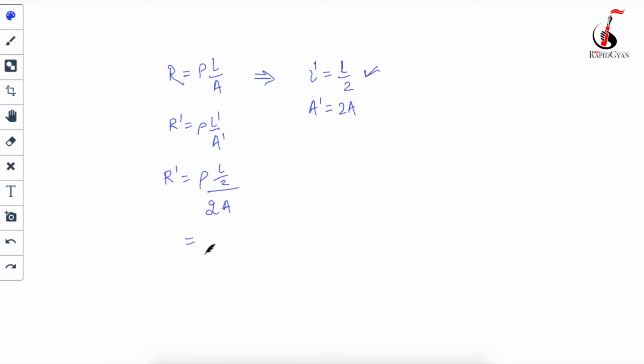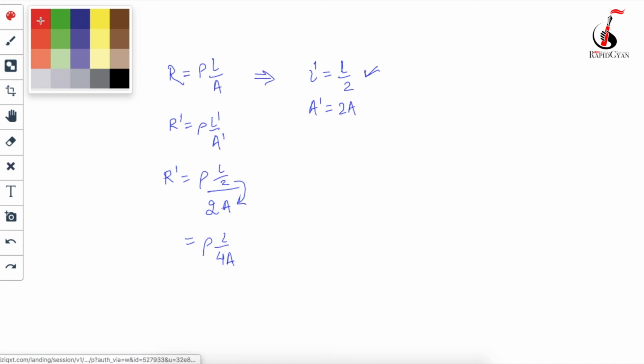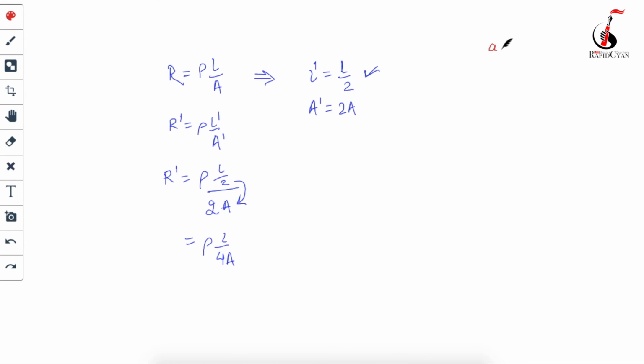So then this will become rho L upon 4A. How does it become 4A? This 2 will go down. Why does it go down? You might have studied in maths that if something is a upon b divided by c, then b will go down and this will become a upon bc.